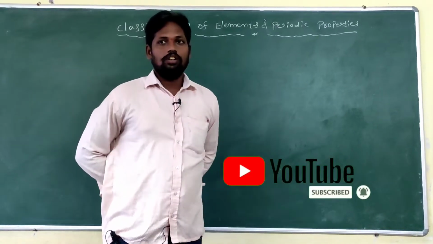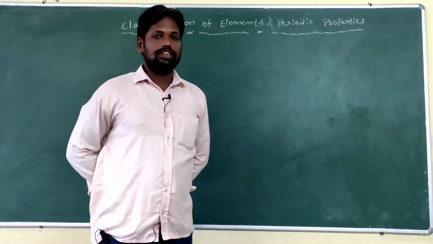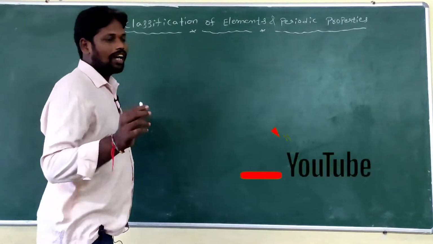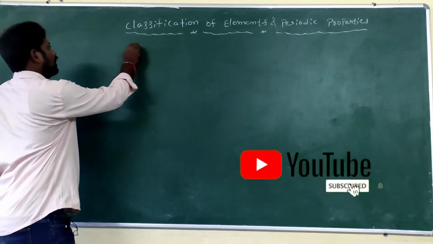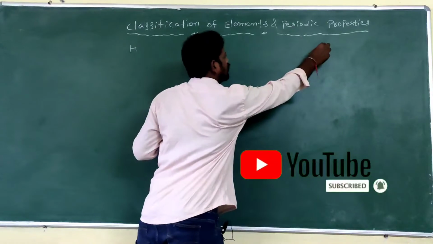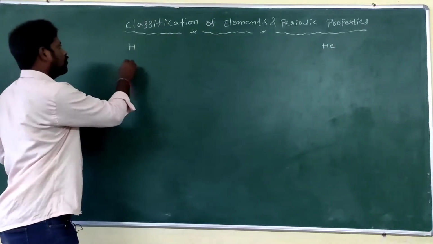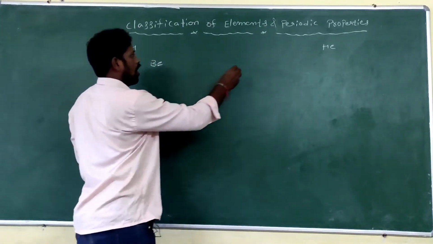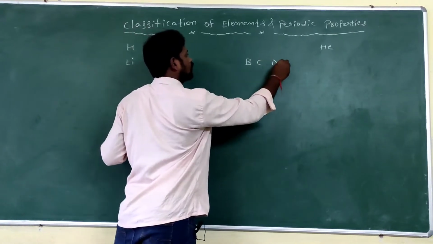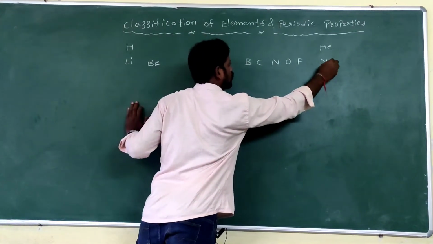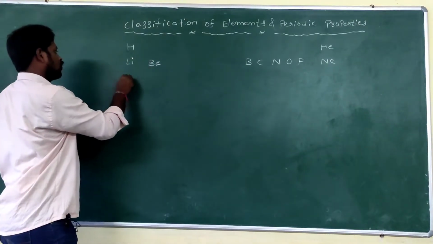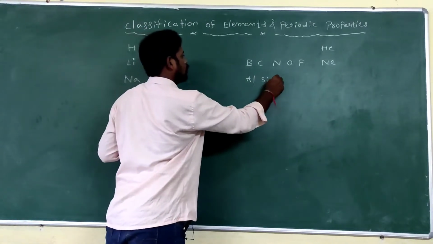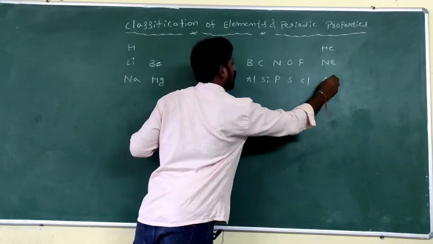First of all, the periodic table, which groups are present in the periodic table, and how to find out the valency. First you write hydrogen, next helium, then lithium, beryllium, boron, carbon, nitrogen, oxygen, fluorine, neon, and next sodium, magnesium, aluminum, silicon, phosphorus, sulfur, chlorine, argon.